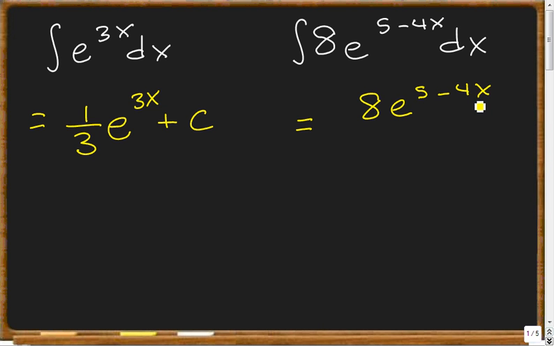We then have to divide by the derivative of our inside, or the operator on x, which is negative 4. So we can divide by negative 4 or multiply by 1 over negative 4. 1 over negative 4 times 8 is going to give us negative 2. Sorry, that's the plus c. So negative 2e to the 5 minus 4x plus c.